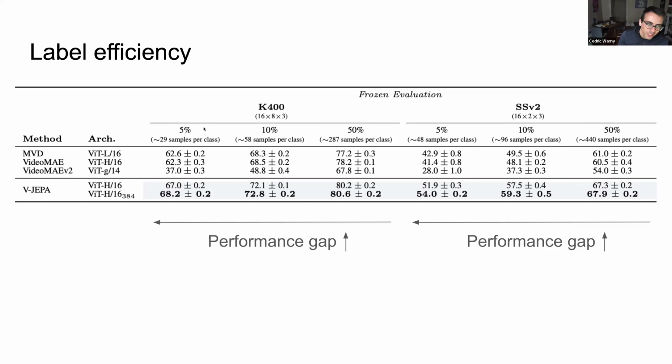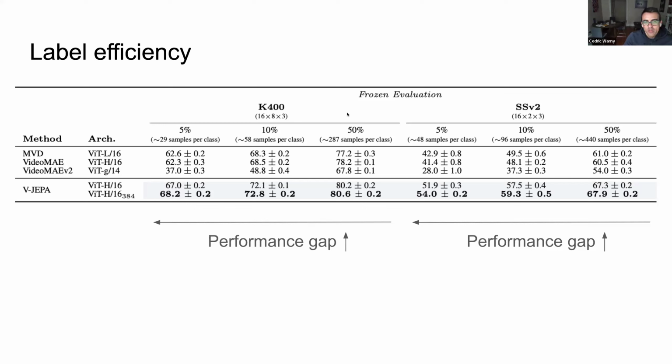so the more you go to the left, the fewer shots you have essentially. So for every level of shots, V-JEPA outperforms the other models, but the performance gap between the two increases as the number of shots decreases. So basically, the less data you see, the bigger the gap between V-JEPA and the other models.